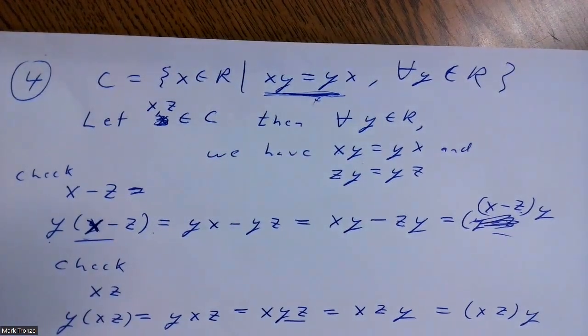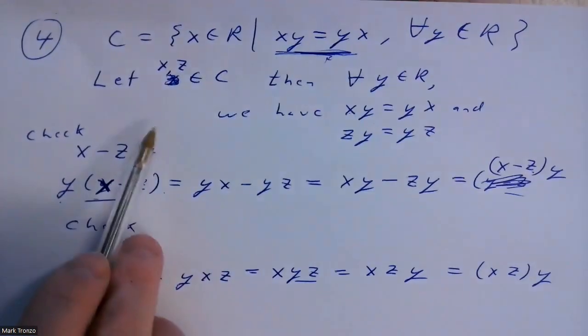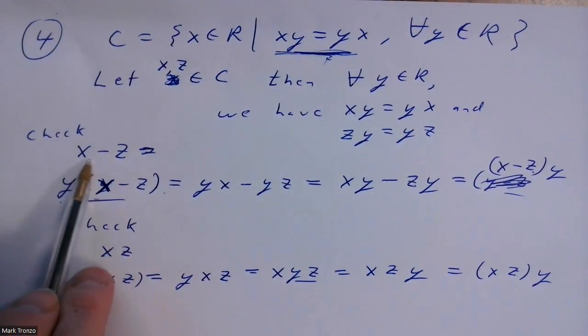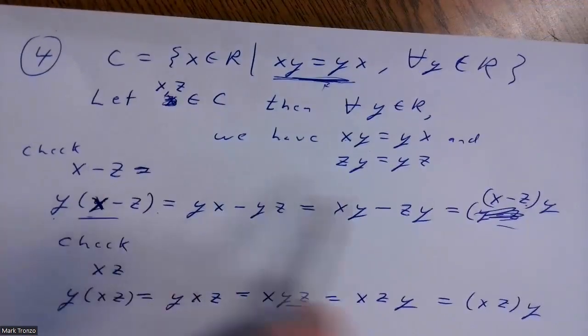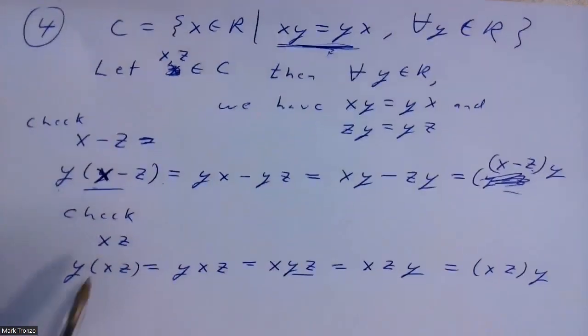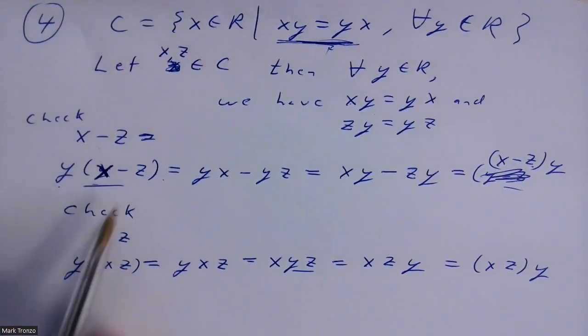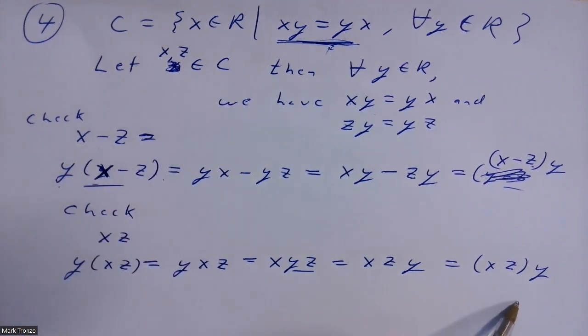Whatever the characteristic of the set is supposed to be, in this case they were commutative members, so we had to show commutativity when we take the difference. We picked two typical values, subtracted them, and showed they commute, and multiplied two typical ones and showed they commute. That means they're in the set.